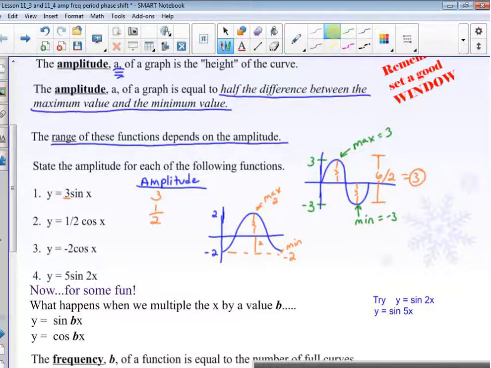So the total distance is 4 divided by 2. The amplitude is always positive. That doesn't mean that you can't have a negative out in front. It just means that your graph has been reflected over the x-axis.